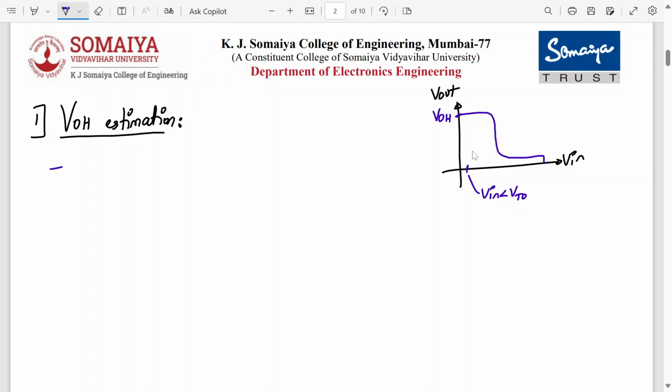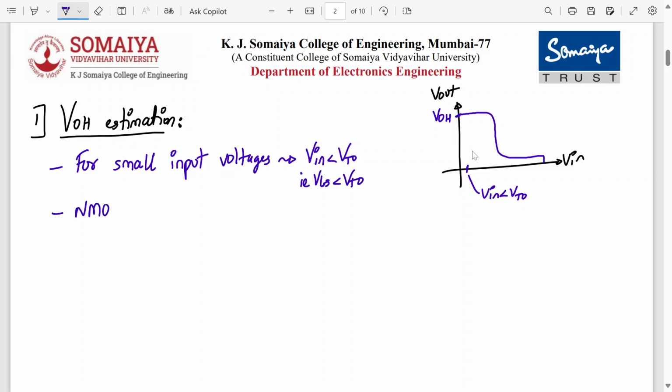So for small input voltages, that is Vin is less than VTO, that is VGS is less than VTO, what can we say?